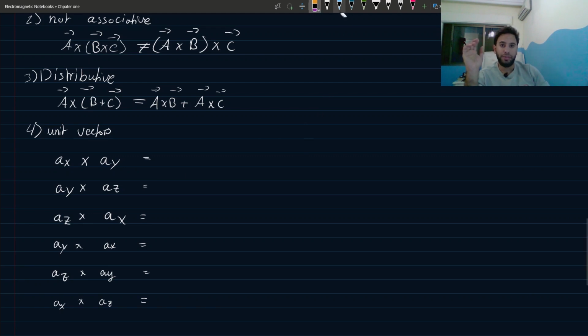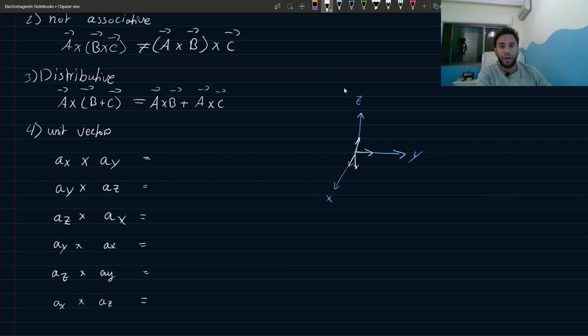Now, as we mentioned above, if you have the Cartesian coordinates x, y, and z, and you want to multiply ax and ay together, you will get az or negative az. And now we want to know, is it in the positive z direction, or is it in the negative z direction?